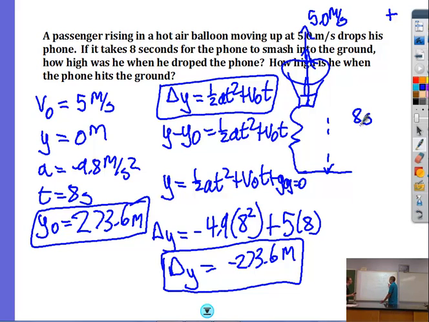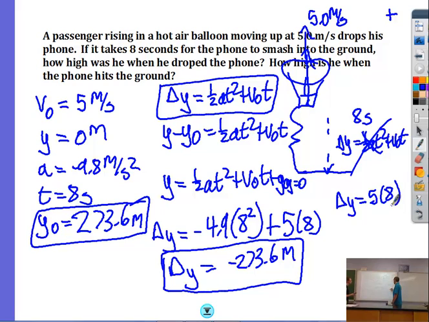Well, it's the second kinematic equation, but there's no acceleration. So change in position equals 1/2 a t squared plus v naught t, but there is no acceleration. He's moving up at a constant rate. So his change in position equals v, 5, times t, 8, which equals 40 meters.